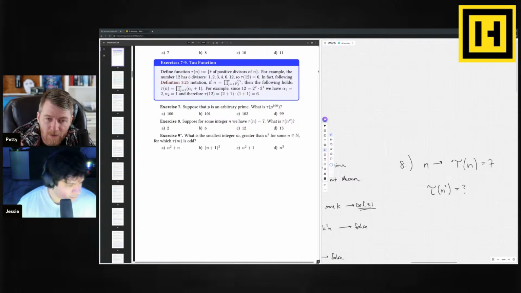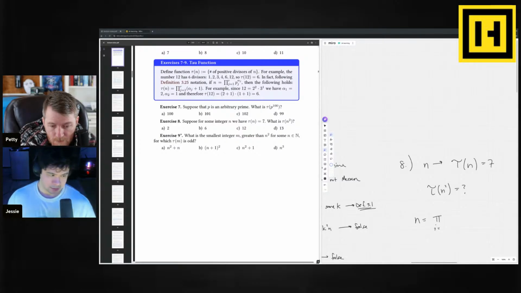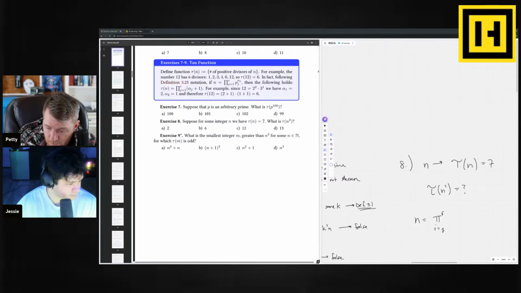So there's 7 divisors. Hold on. The tau of n is 7. So there's 6 divisors. So it's whatever 6 plus 1, right? So we have n equal to the product over j of p sub j to the alpha sub j.